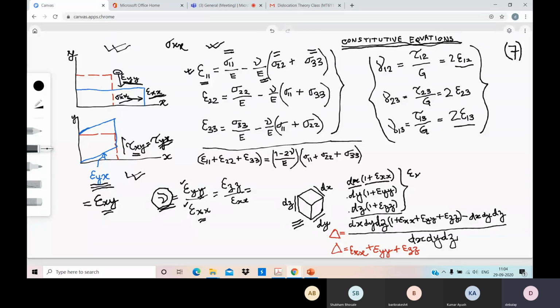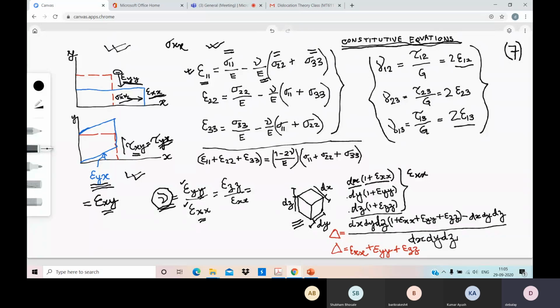Similarly, dy increases by a small amount to dy into 1 plus epsilon yy, and dz increases to dz into 1 plus epsilon zz. So the changes in dimension are epsilon xx into dx, epsilon yy into dy, epsilon zz into dz.